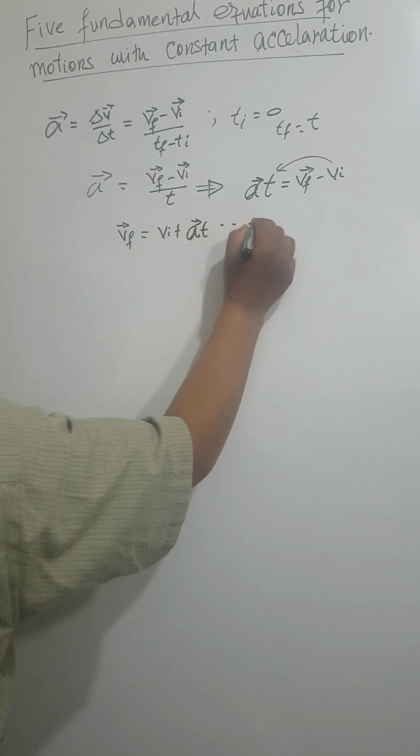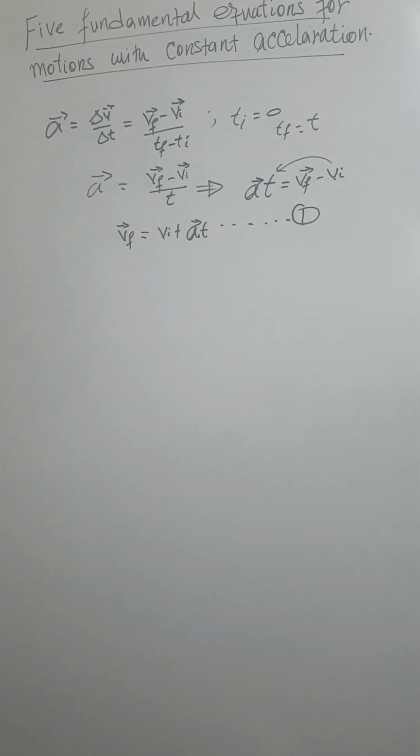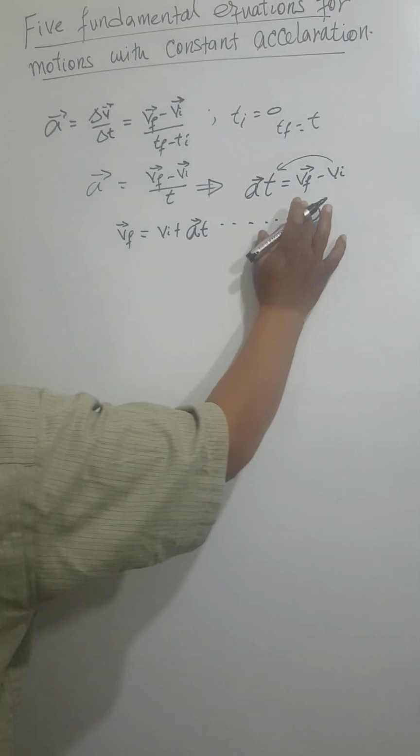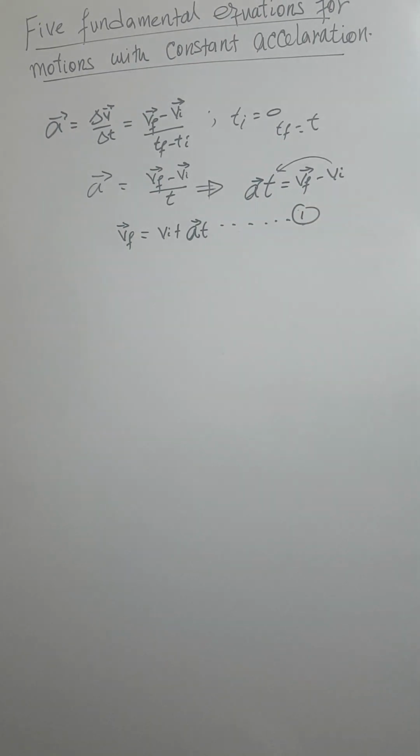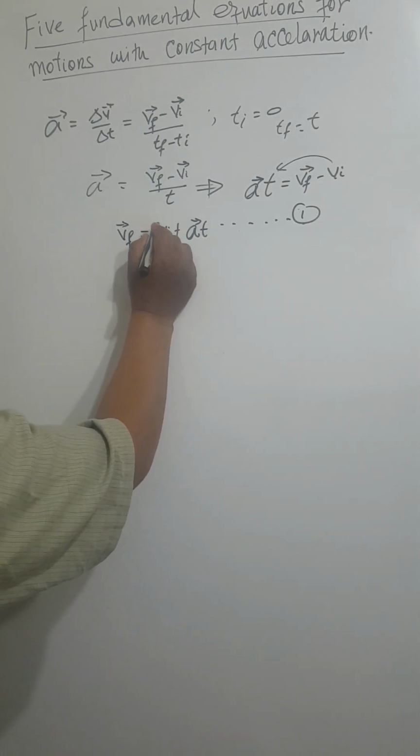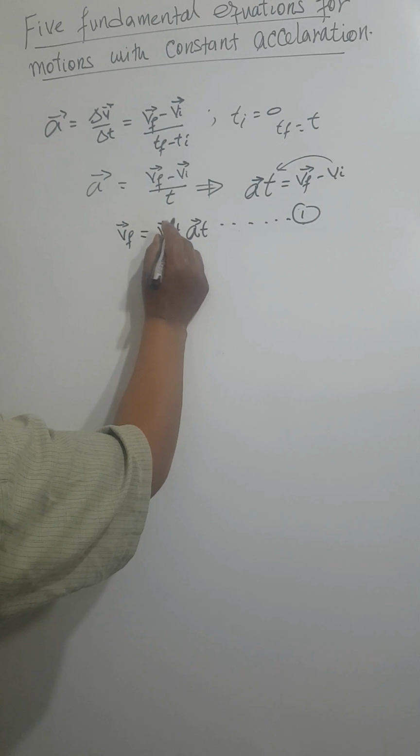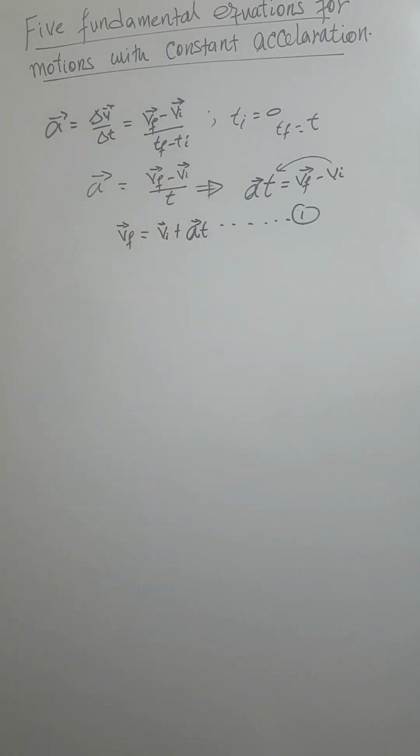This is the first of the fundamental equations, numbered as number one. Final velocity is equal to initial velocity plus acceleration multiplied by time. So we have this formula, starting with the formula acceleration is equal to change in v over change in t.